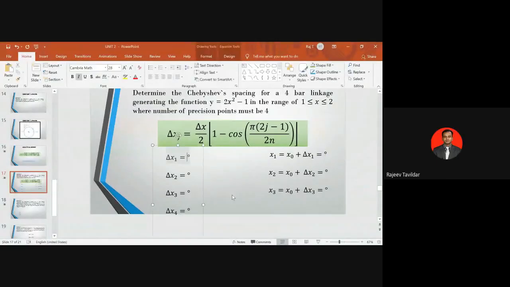Okay, let me write here 0.038 and delta x2, 0.309, 0.691, 0.961.